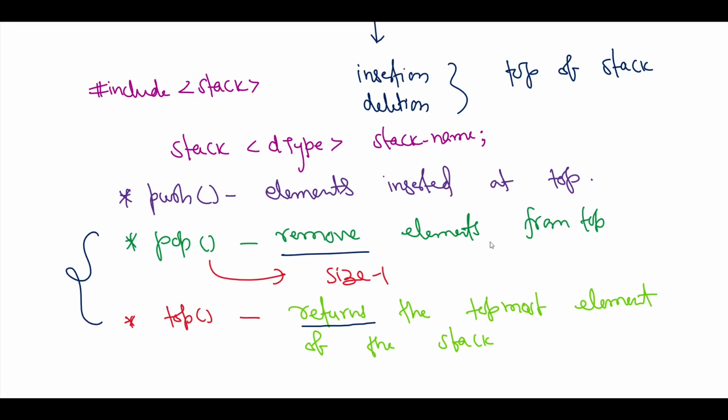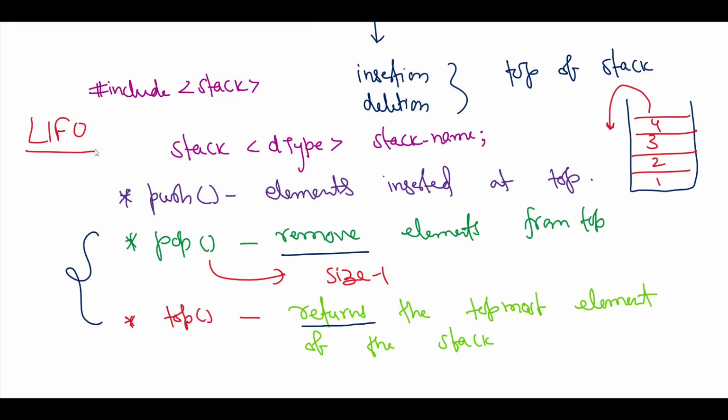And as this is removing the element from the top, the latest element that is added in the stack can be shown something like this. Suppose we have 1, 2, 3 and 4 added at the end. So 4 will be the first element removed. Or we can say that this acts as last in, first out.